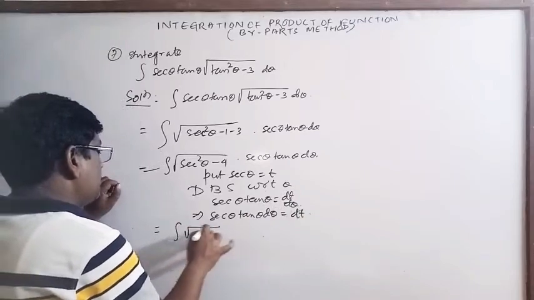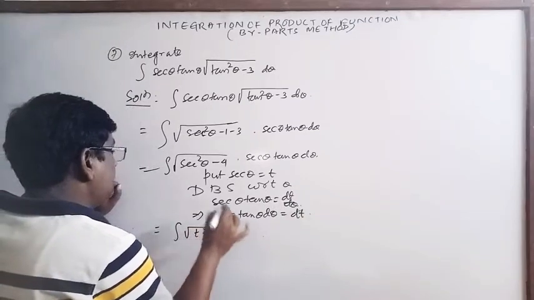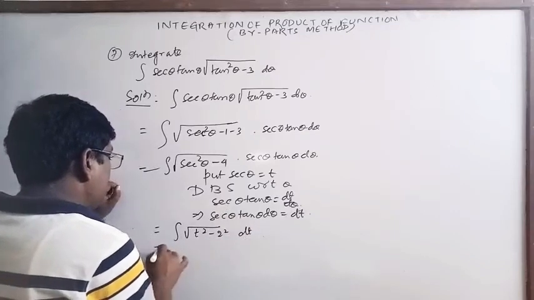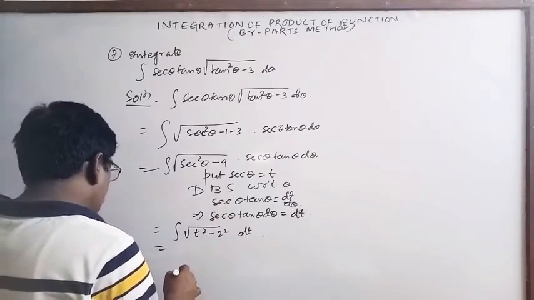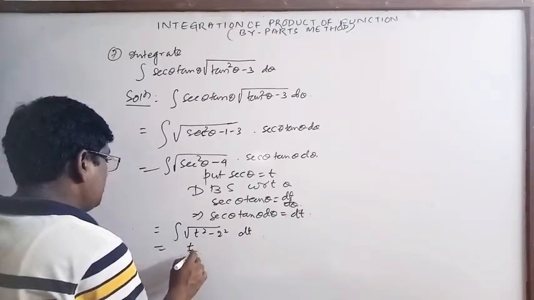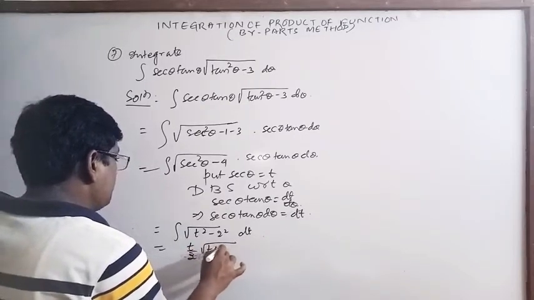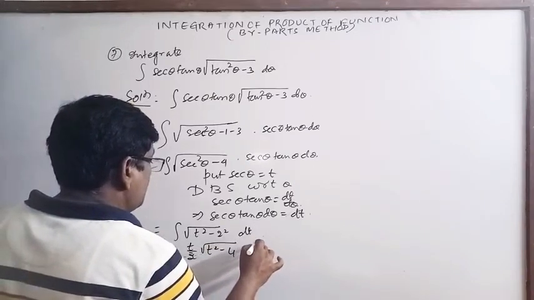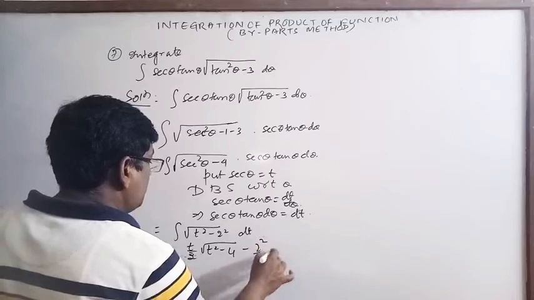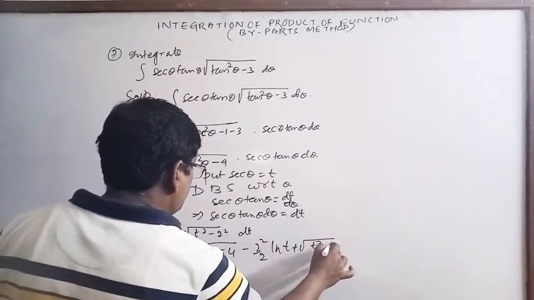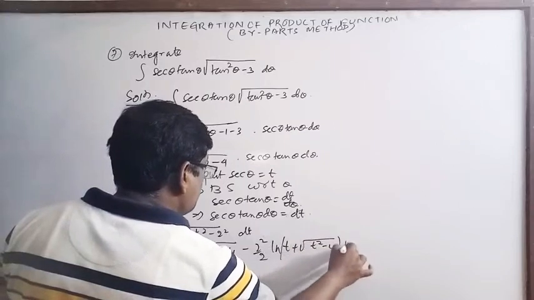So this is root over t square minus 2 square dt. By the formula, t by 2 root over t square minus 4, minus a square by 2, that is 2 square by 2, log t plus root over t square minus 4, plus c.